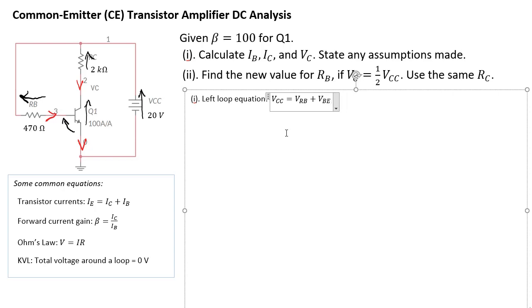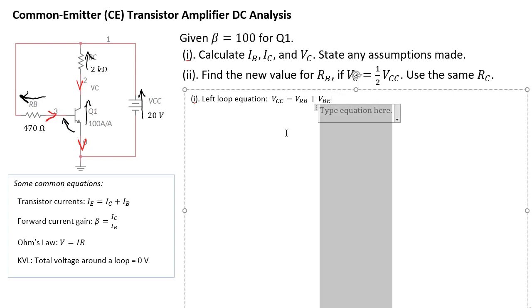Since we know VCC and VBE, we can work out VRB. Therefore, VRB is simply equal to VCC minus VBE.